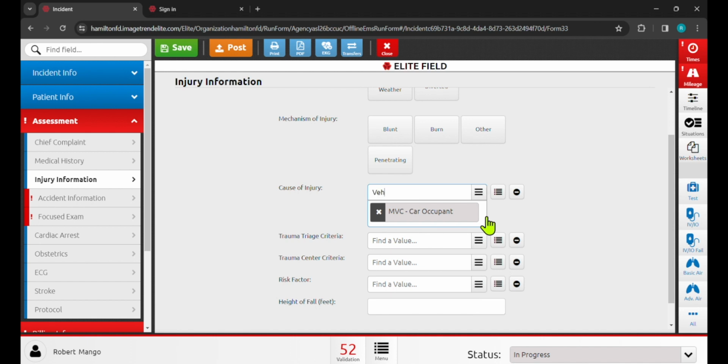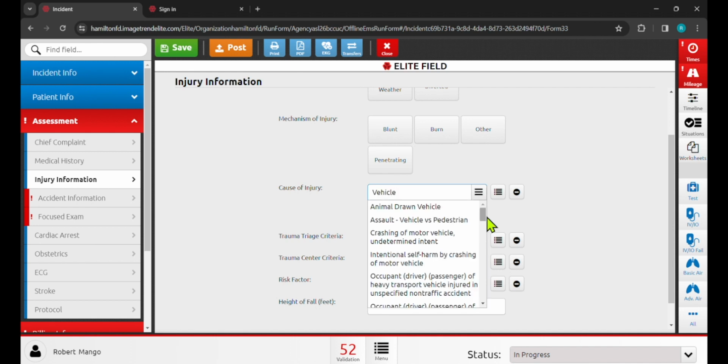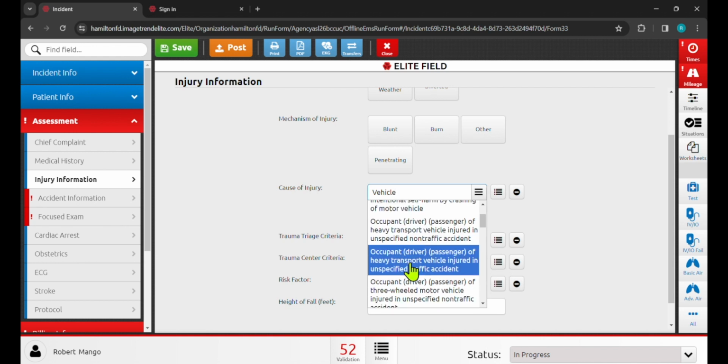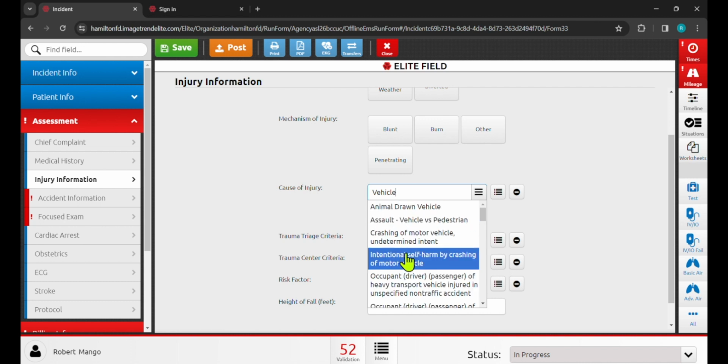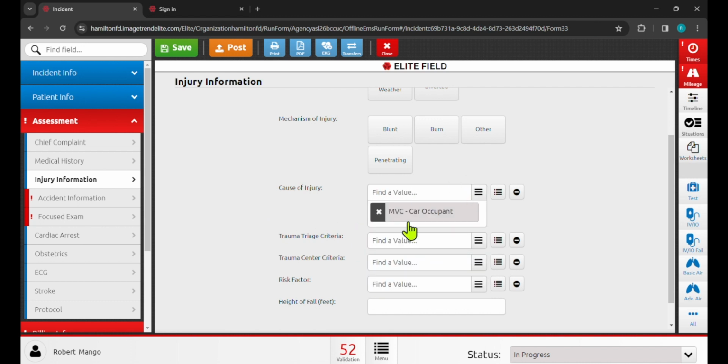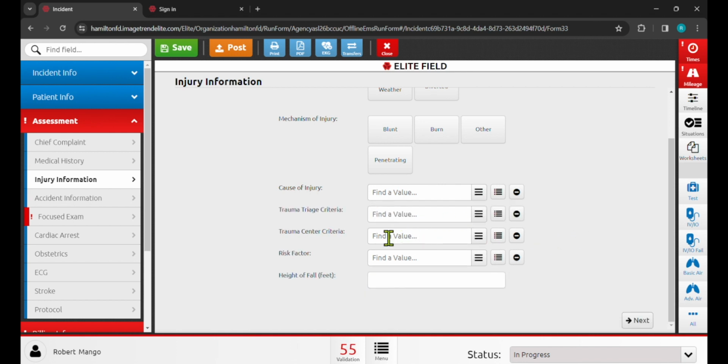No, vehicle. Crashing a motor vehicle. A lot of them are interchangeable, in my opinion. And this is information that gets reported to NEMSIS, the National EMS, similar to NFIRS. So let's clear that out.